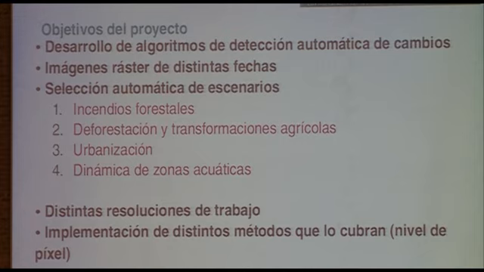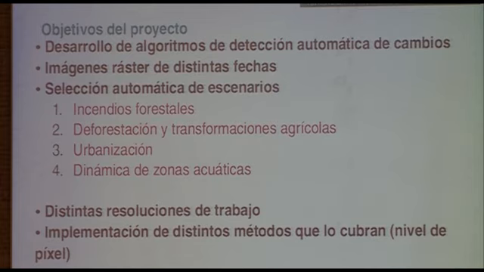So the objective of the project is to develop a set of algorithms for the automatic detection of changes. We are comparing dates and raster information to see the changes. Those algorithms are well defined and very widely used in the university, and it's giving an added value to the project.